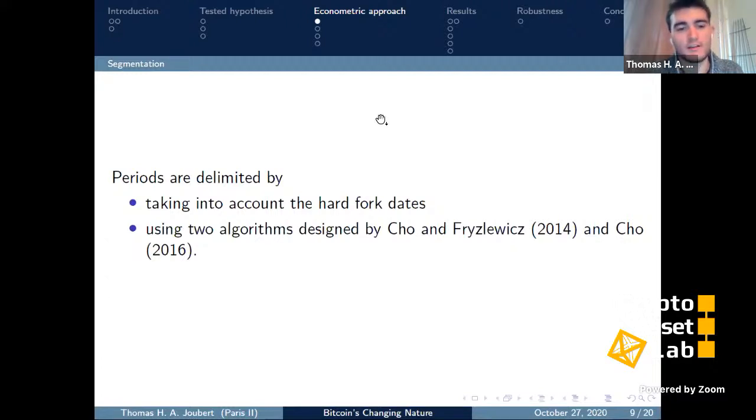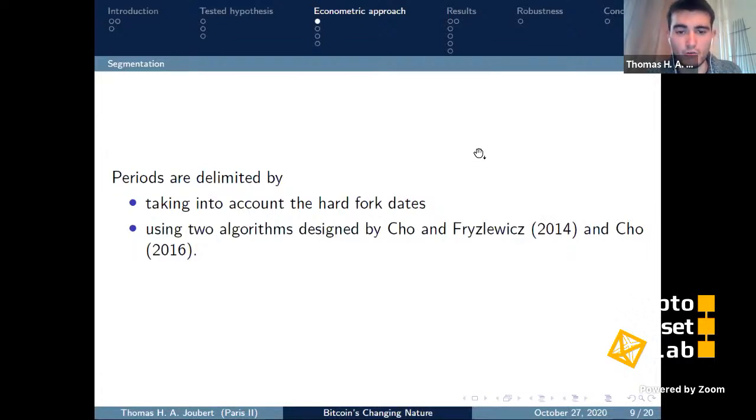But first, I need to delimitate the periods of study. So it takes into account two things. First, as I said in the introduction, it must be included between two hard forks. And to delimitate precisely the period, I use two algorithms designed by Shaw and Fulvia and Shaw in 2014 and 2016.